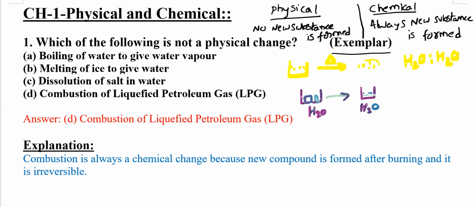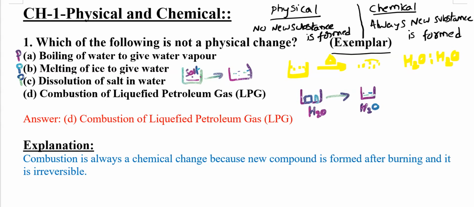If you take water and add common salt to it, the salt dissolves homogeneously. Just boil that water at a high temperature, the water goes off, and the salt will be left. So salt is not forming a new substance in this. Salt is just homogeneously distributed in the water. So this is a physical change, this is a physical change, this is also a physical change.